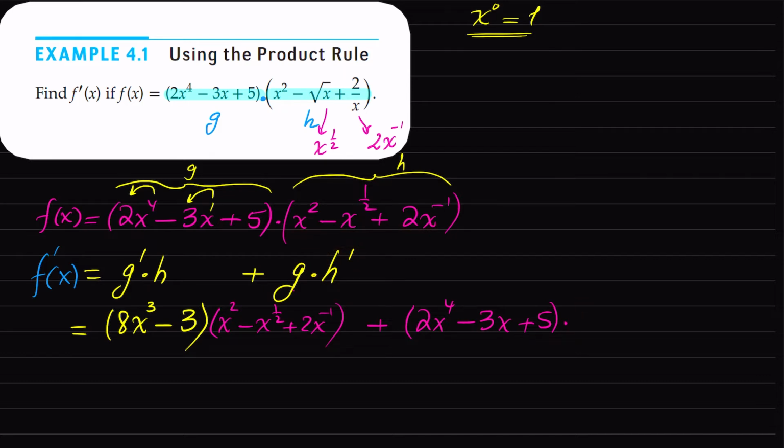So x squared, we will drop the 2 down, so 2x^1, minus, we will drop the half down, x^(1/2 minus 1), it's negative half, plus negative 1, drop it down, there is 2, so negative 2x^(-2). So this is the derivative, and it's unsimplified. We will keep it like that right now. Later on, we will try to expand it and add and subtract the like terms.